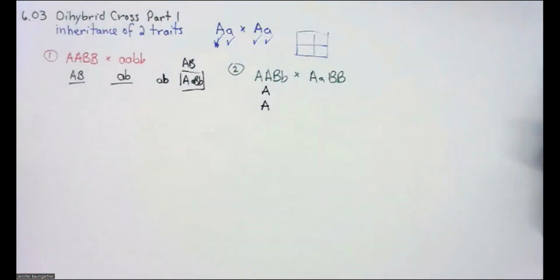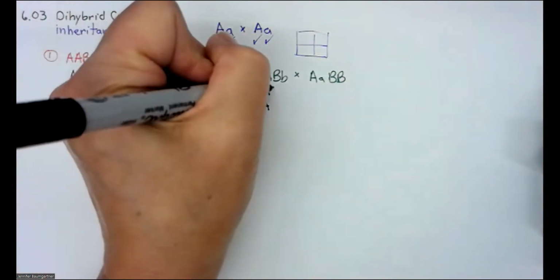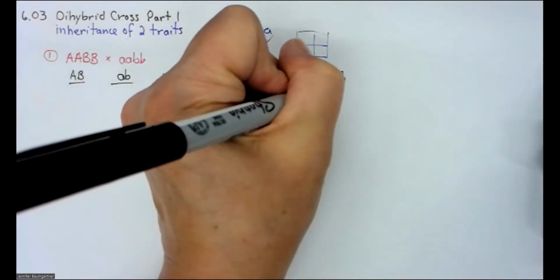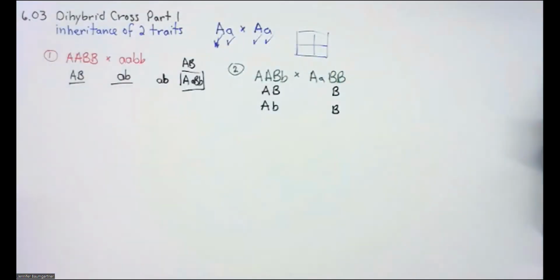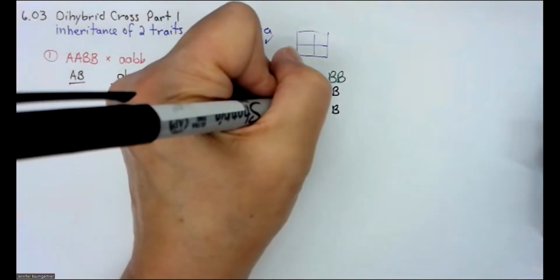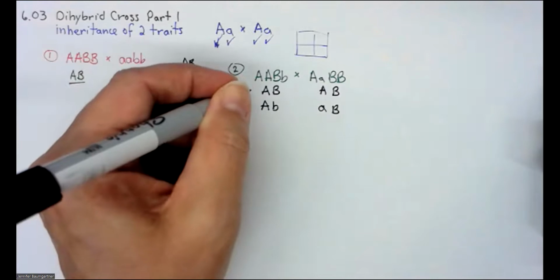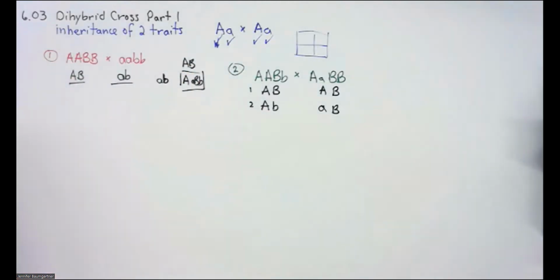So she's going to give a capital A no matter what, but she can give either a dominant B or a recessive B. And then dad, conversely, can only give a dominant B allele, but he can give either a dominant A or a recessive A.